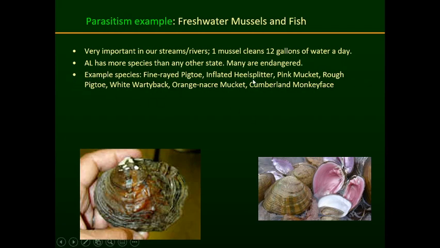There's pigtoes, there's heel splitters, there's muckets, there's warty backs, and monkey faces. I love that one, my favorite, the Cumberland monkey face. Anyway, so all that to say that we got this tremendous range of mussel species in the southeast. They do some important stuff for us by filtering water, keeping river water clean.